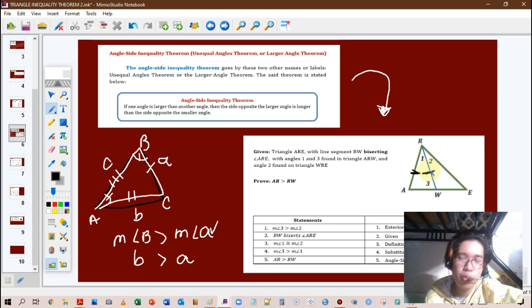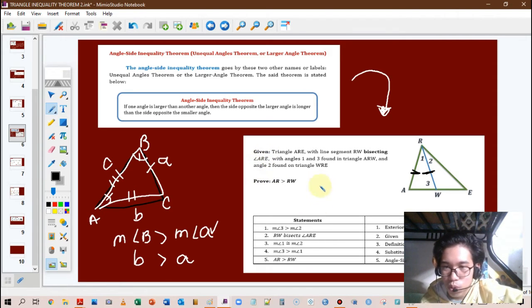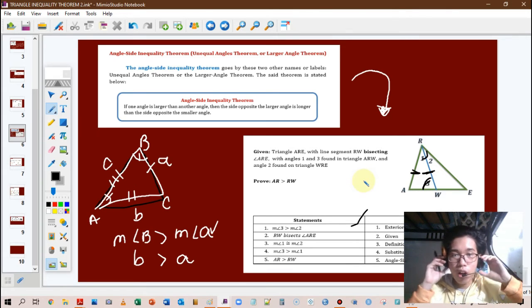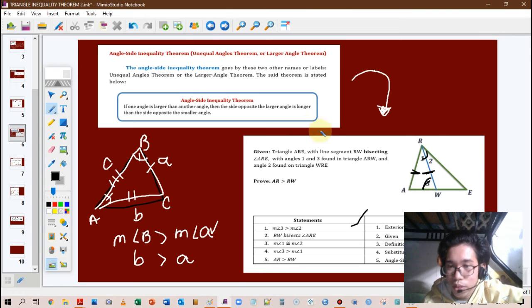So how are we going to prove that using the angle side inequality theorem? For the first statement, we can say that the measurement of angle 3 is greater than the measurement of angle 2 using the exterior angle inequality theorem. And for the second statement, we can say that RW bisects angle ARE. So that's a given.